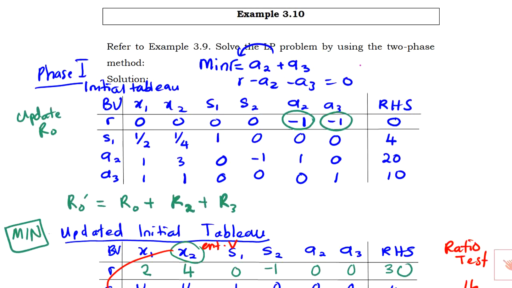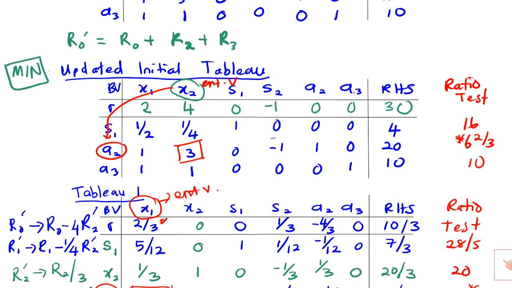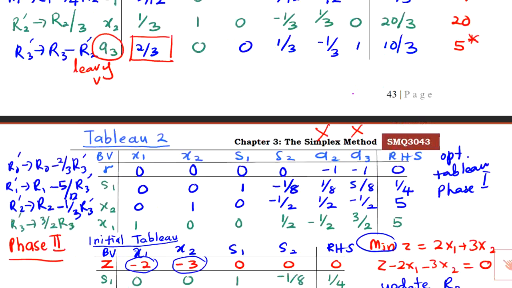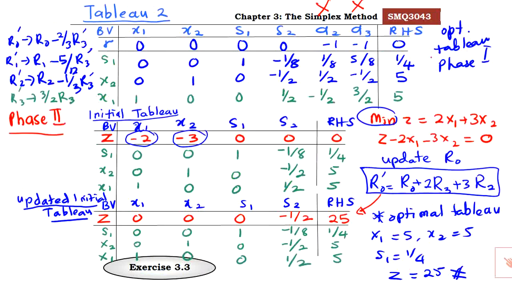And then after getting the optimal tableau, Tableau 2 for phase 1, if r is less than or equal to 0, we proceed to phase 2 because there is a feasible solution.